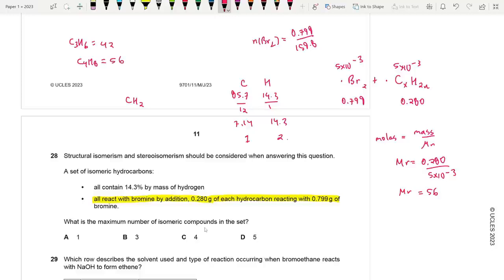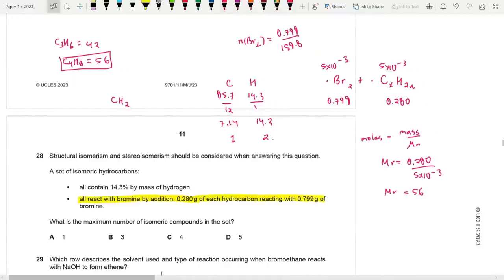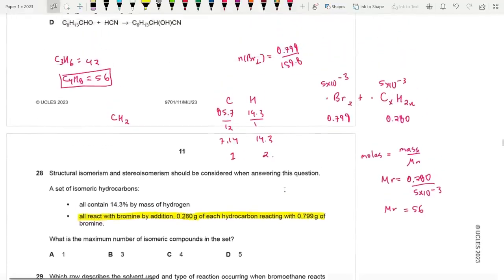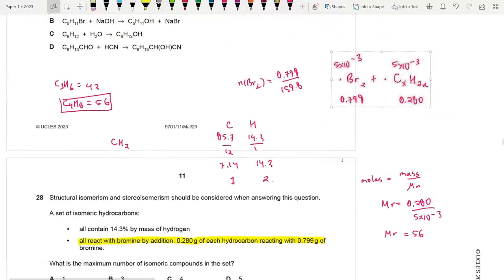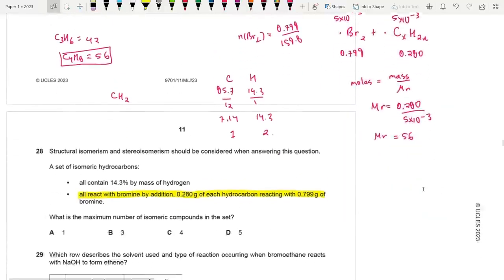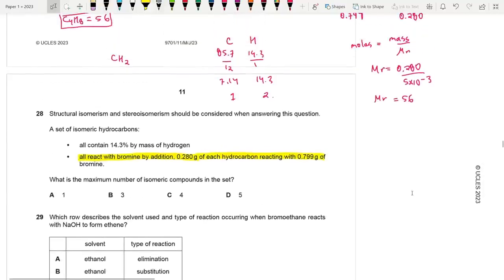So this compound is actually butene. Now it may be but-1-ene or but-2-ene. That's the tricky part. Okay, so why don't we move this over here and I'll solve it for you. Let's go. So butene. Let's try with but-1-ene first. CH3CH2CH=CH2.